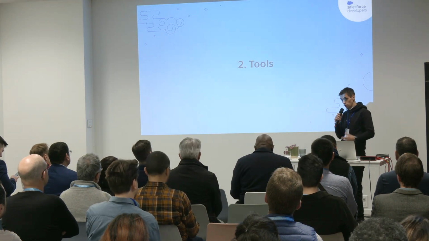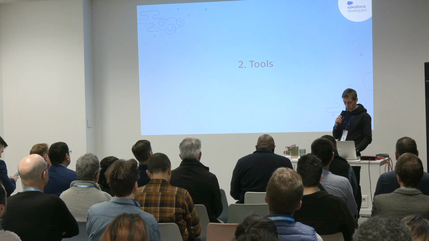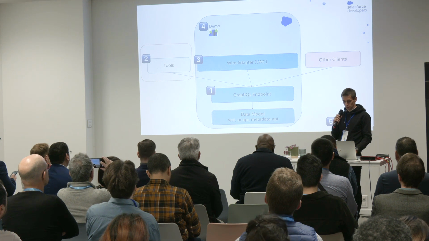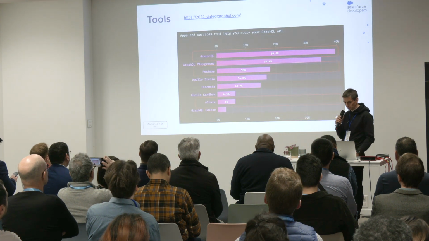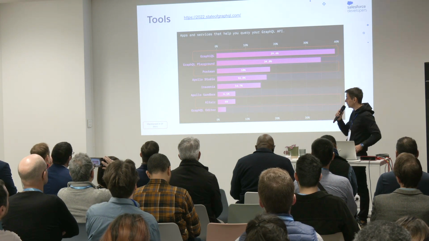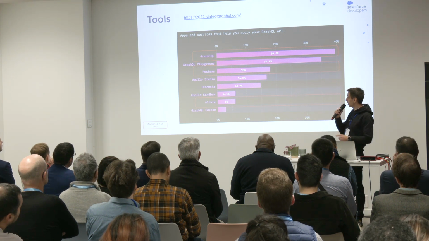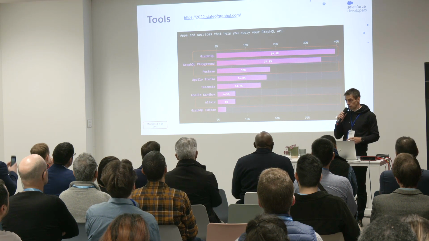That introduces us to the second part of this session, the tools. The tools brought mainly by the community. So in the second part of the agenda, there is something I like to use. It's called the State of GraphQL.